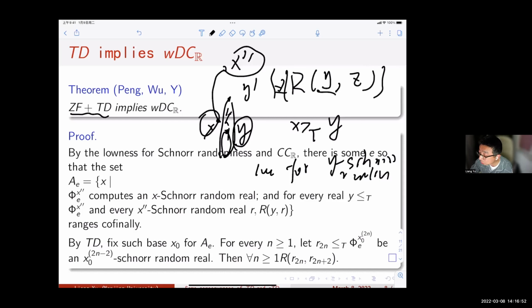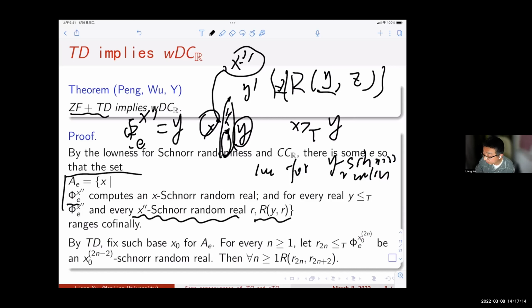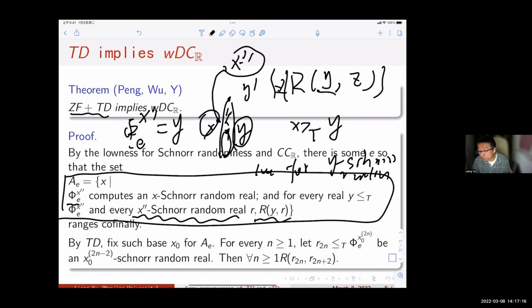Now, because x double jump computes y jump, let's fix the index e so that phi_e of x double jump equals y. But every x-double-jump Schnorr random has a relation with y. So this set A_e ranges over Turing degrees cofinally, because for every y you can find x Turing above y with this property.